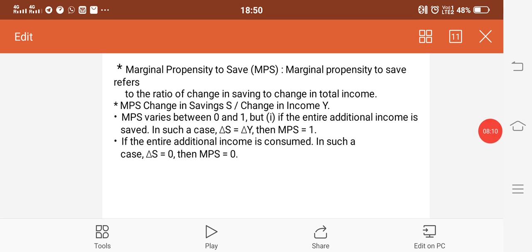Important points about MPS: MPS varies between 0 and 1. If the entire additional income is saved, in such a case delta S is equal to delta Y, then MPS will be 1. If the entire additional income is consumed, in that case delta S is equal to 0 and MPS will be 0. So MPS can be 0.